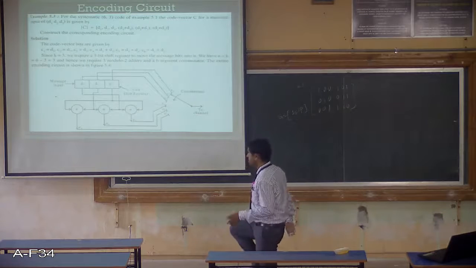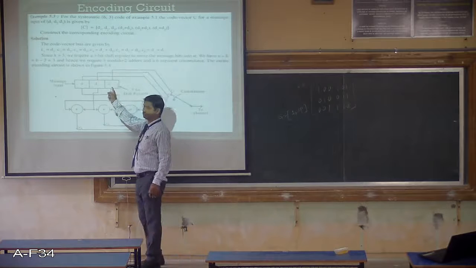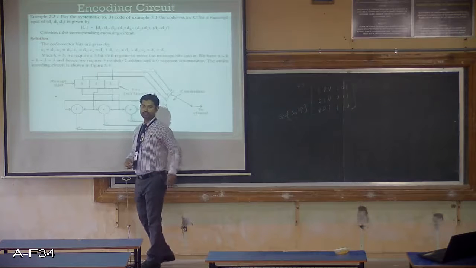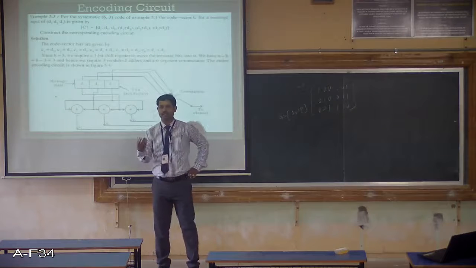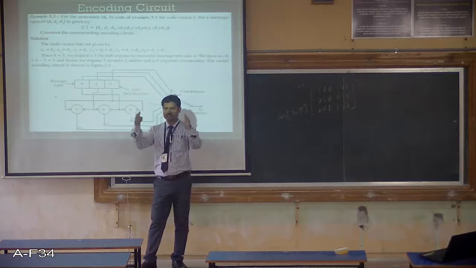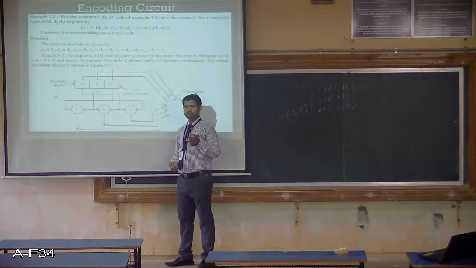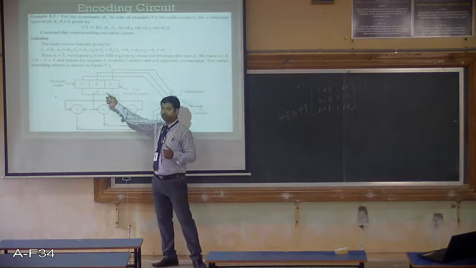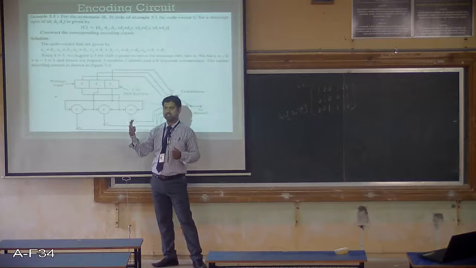So now to draw the encoding circuit, I have used a shift register. Shift registers are available. With the help of flip-flops, I can construct that shift register. That IC chips are available. You can take it. It's a 3-bit shift register where the bits will be inserted inside the shift register.